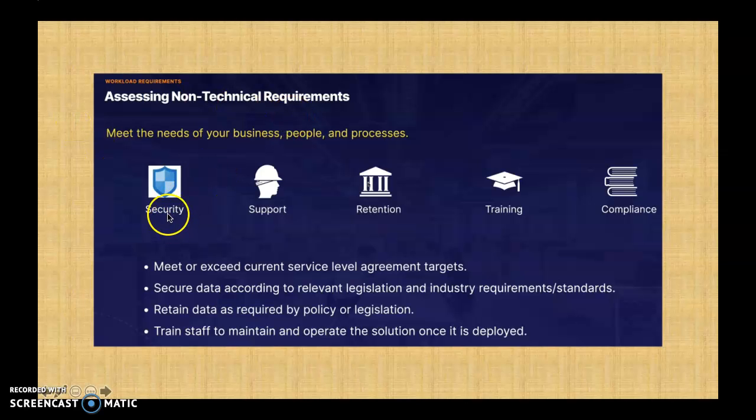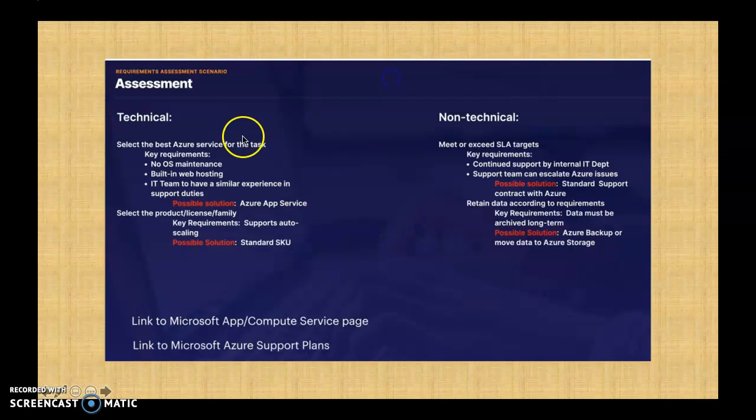For non-technical requirements, you need to meet your business people and processes. Security, support, retention, training, and compliance all come under non-technical requirements. For example, there can be a requirement where you have an in-house app that you need to run on Azure.